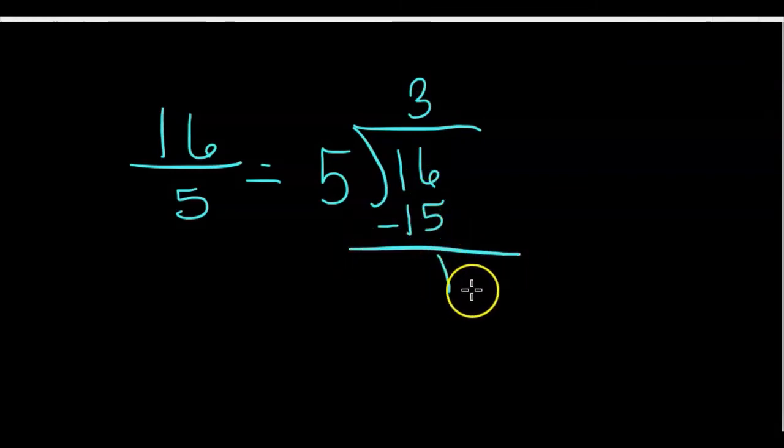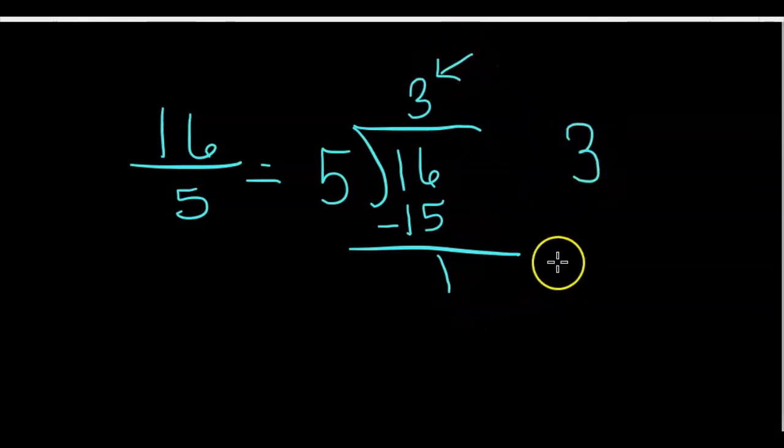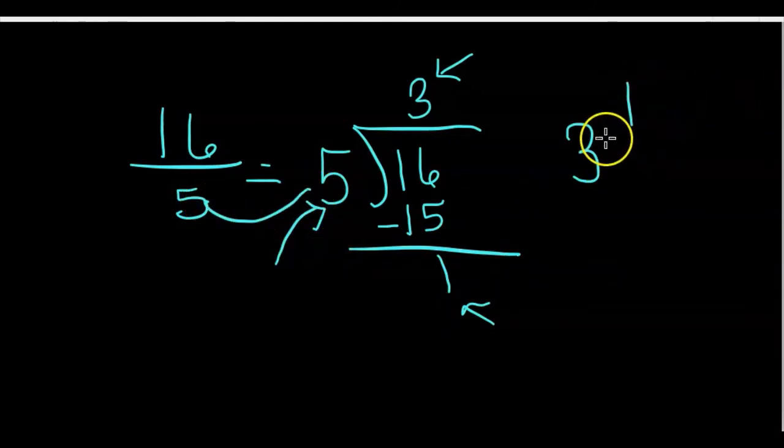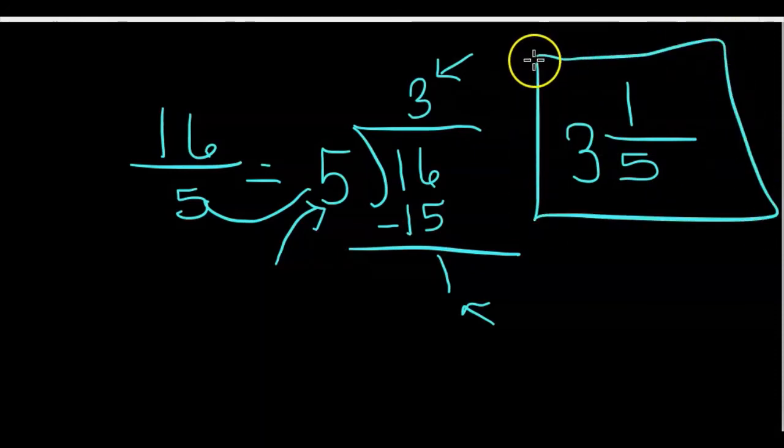I subtract, I get a 1 as my remainder. All right, 3 is the whole number. 1 is the numerator. 5 is the denominator. All right, so my answer would be 3 and 1/5. All right, great job on that.